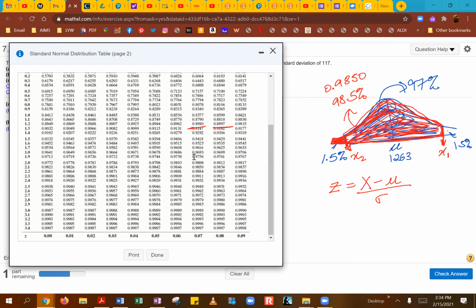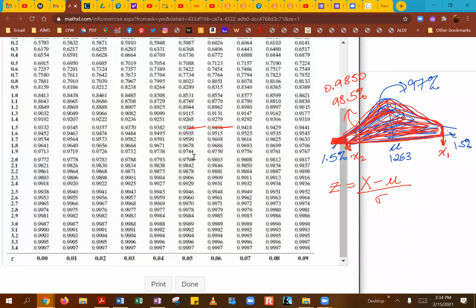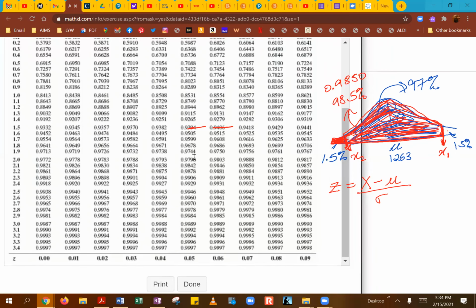So it looks like we can make our table just a little bit bigger. So we're looking for 0.9850. I'm seeing 0.9878, 0.9850 right over there. So that's my 0.9850, which corresponds to 2.1 on this side and 0.07 on this side.